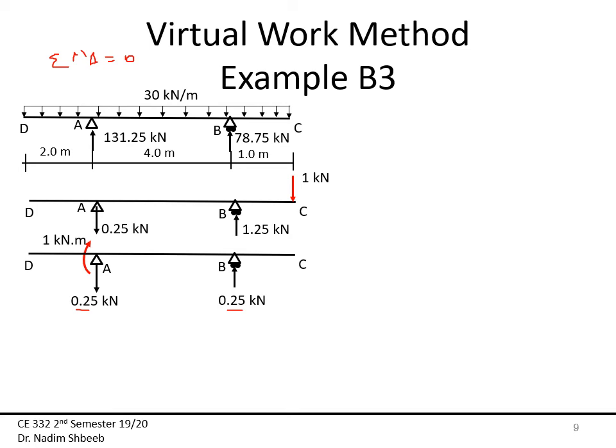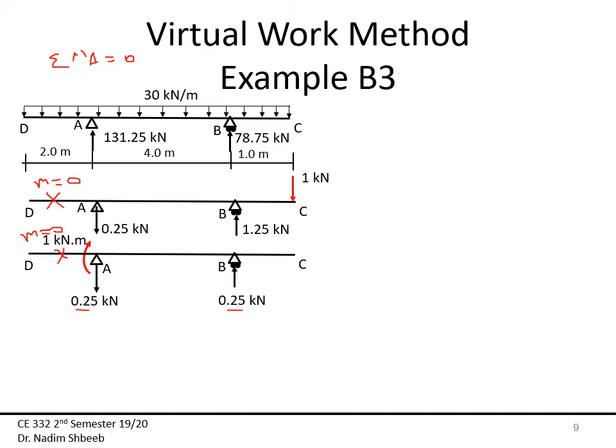Now, here you would say, well, I will take sections DA, AB, and BC, and you would be right. But what we notice in the virtual system is that the moment in DA is equal to 0. M here is 0, and M here is also 0. So there are no forces, there's nothing here. So these two parts have 0 moments.